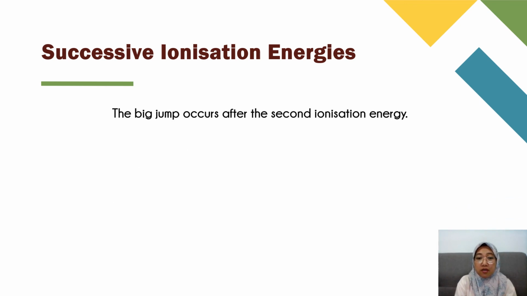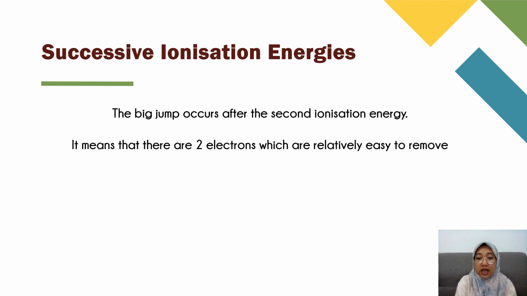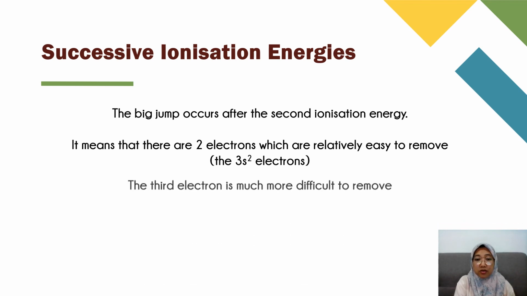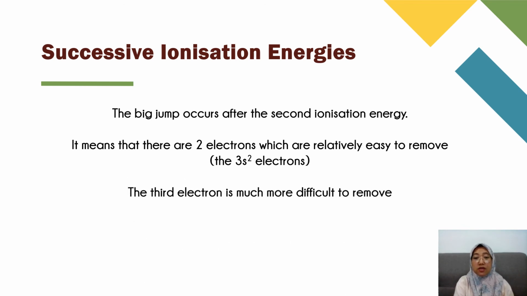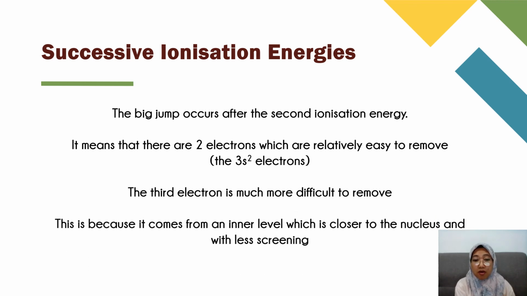The big jump occurs after the second ionization energy. It means that there are two electrons which are relatively easy to remove, the 3s2 electrons. The third electron is much more difficult to remove. This is because it comes from an inner level which is closer to the nucleus with less screening.